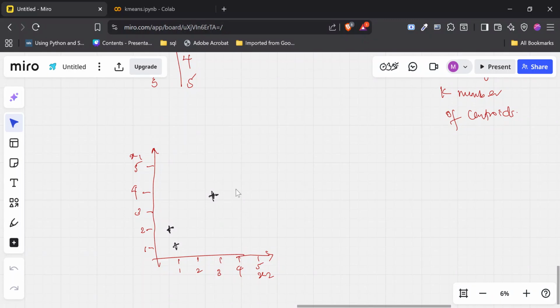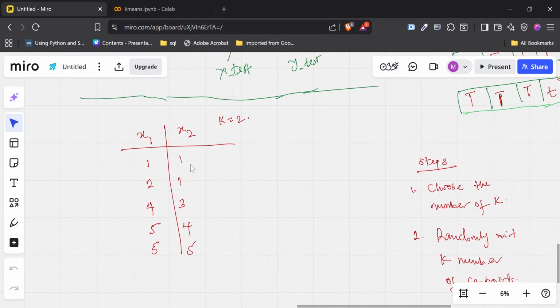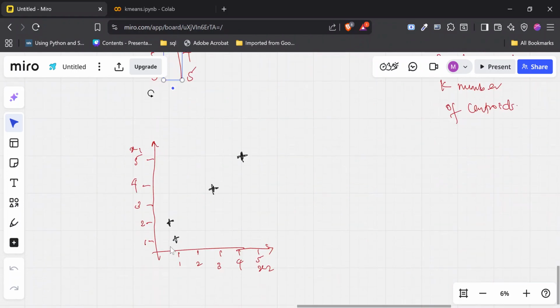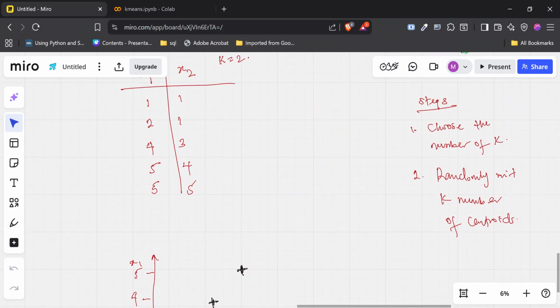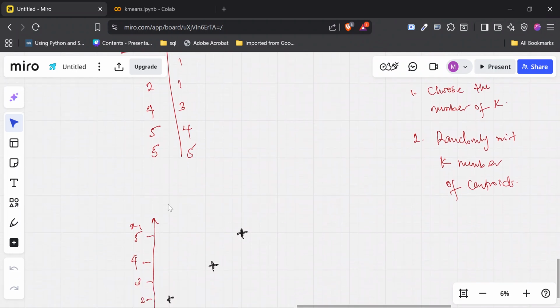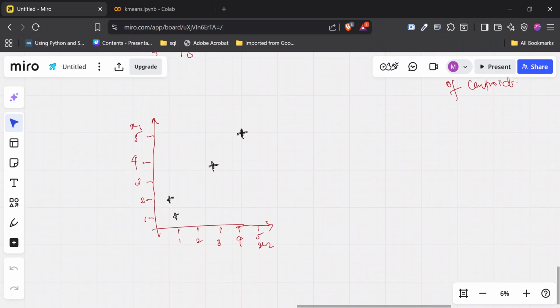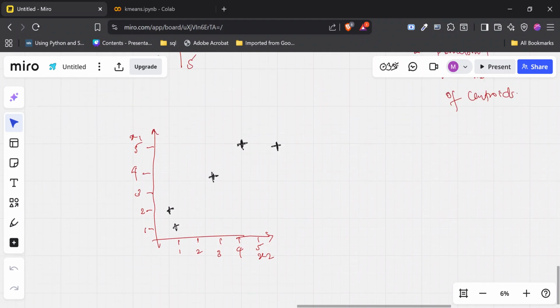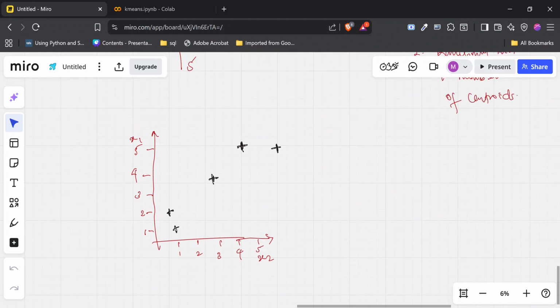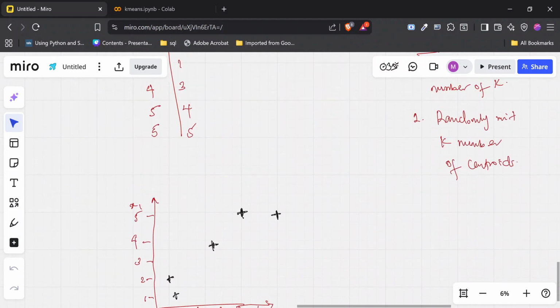So 5, 4 should be here. When x1 equals 5, x2 equals 4. Then the last one is x1 equals 5, x2 equals 5. So that is going to be here. I'm guessing this place.